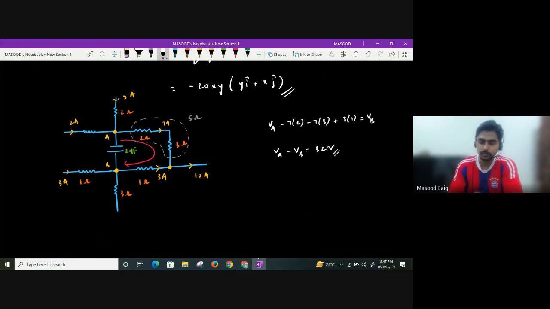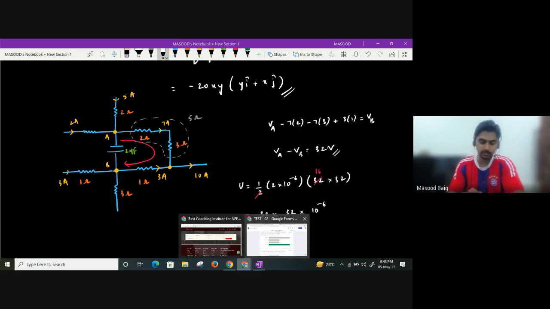So you got to know the potential difference across the capacitor. So what is the energy stored in the capacitor? Half into capacitance, 2 into 10 power minus 6, into CV square we can write, 32 into 32. So 2 ones are 2, 16s, so 32, 32 you will get. 32 into 10 power minus 6.